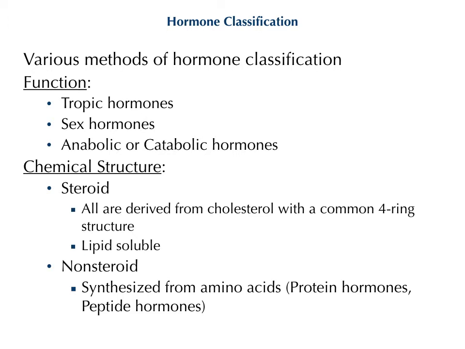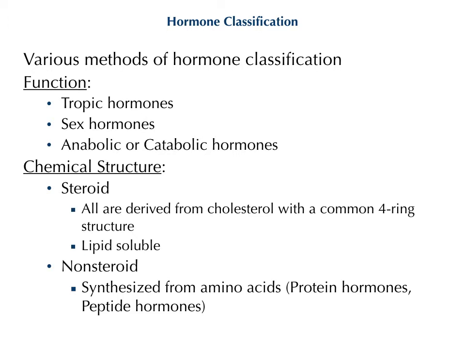The basic two chemical structures that we divide the world of hormones into are the steroid versus the non-steroid hormones. Your steroid hormones are all derived from cholesterol, and they have a common nucleus, a four-ring structure that is a derivative of the cholesterol molecule.